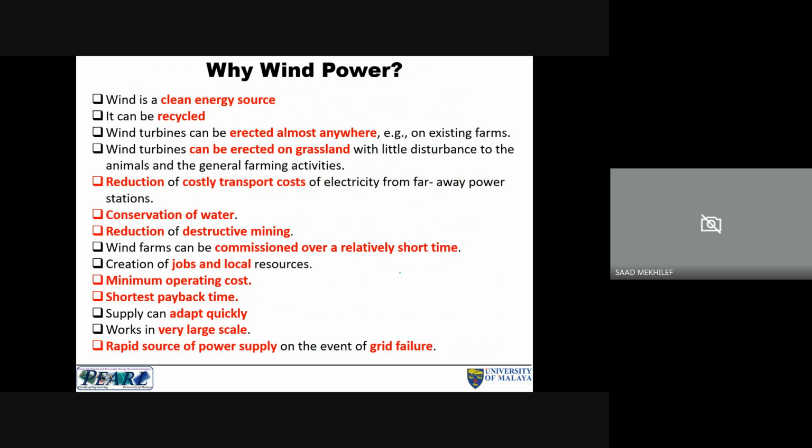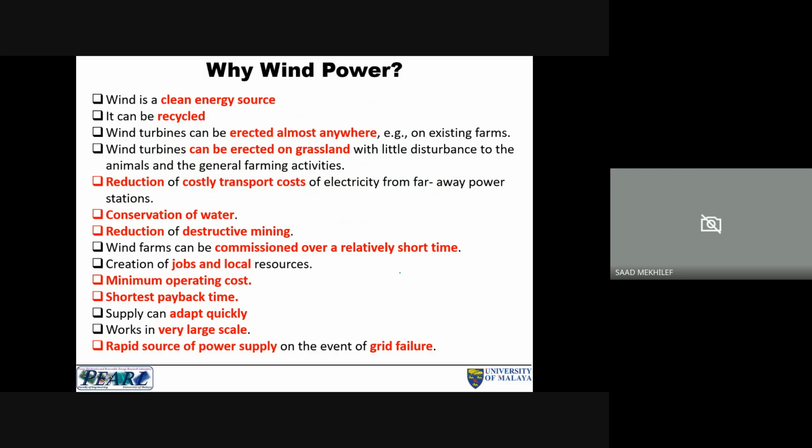Okay, why wind power? This is always the question people ask. Why do we need wind power? Yes, wind power is needed because, first, it's renewable. And I always get this question: what is renewable? Because this is the biggest question.